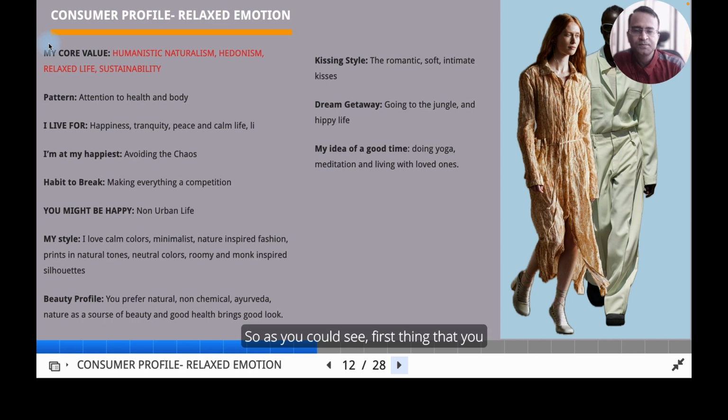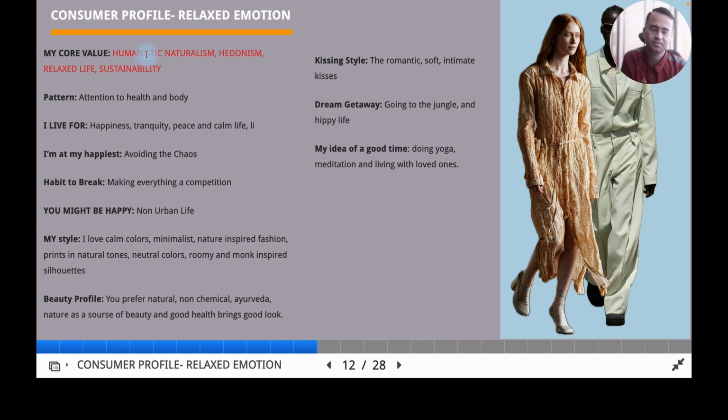As you could see, the first thing you need to note down is their consumer values. The consumer values are humanistic naturalism, hedonism, relaxed life, and sustainability. Whenever you're developing a product, your product must include these consumer values. The product should have humanistic values, naturalism, hedonism, relaxed life, and sustainability.